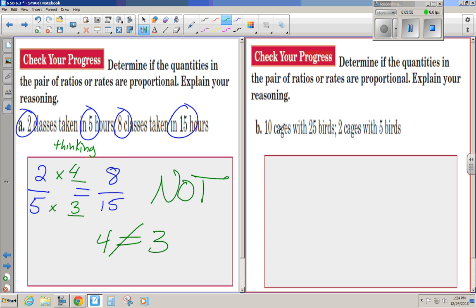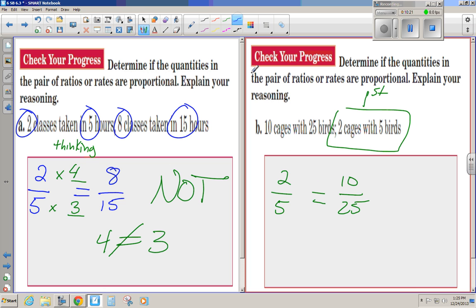Let's do the same here. Compare 10 cages for 25 birds to 2 cages with 5 birds. And I'm going to make this easier for myself. I'm going to do a trick here. I'm going to do this one first. I'm going to say 2 to 5 because personally I'm better at multiplying than I am at dividing.